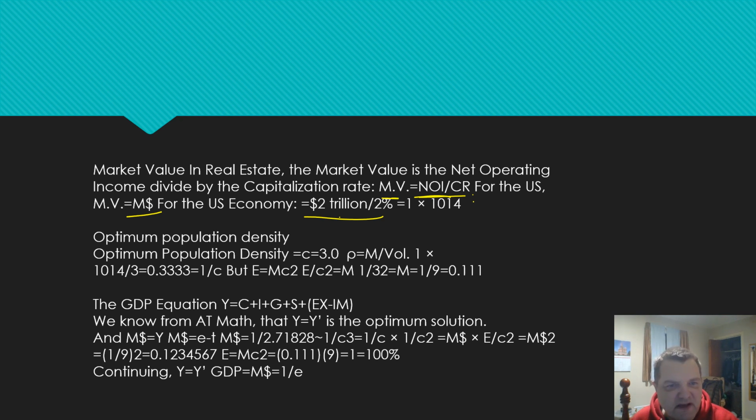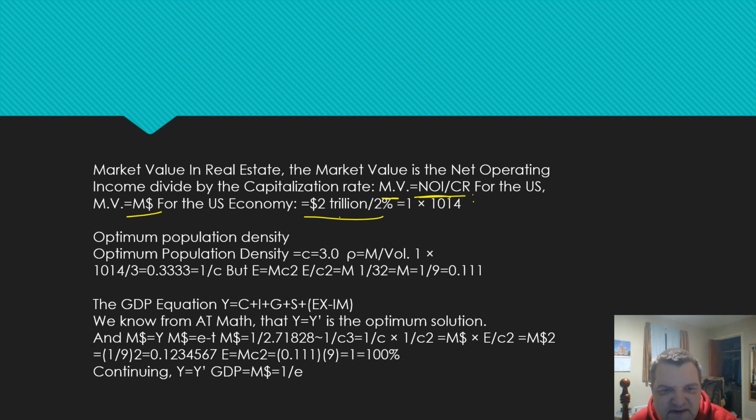We know the optimum population density is 300 people per square kilometer, which was determined in a previous paper not talked about here. So the density is equal to the mass over the volume, 1 times 10 to the 14th divided by 3, which is equal to 0.3333, 1/3, equals 1 over c.